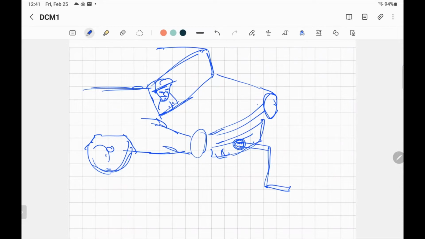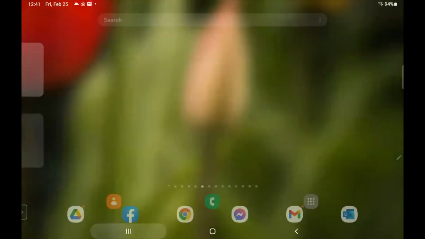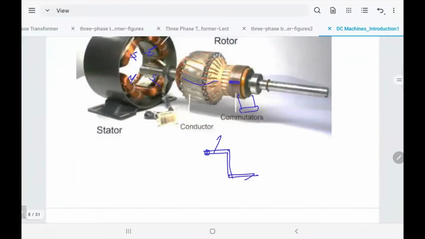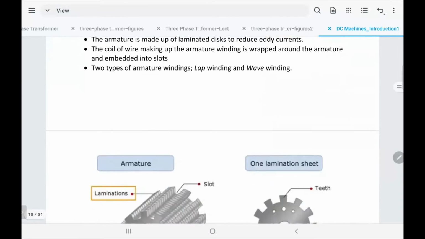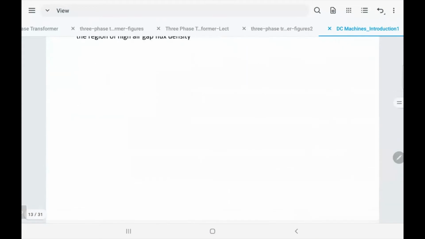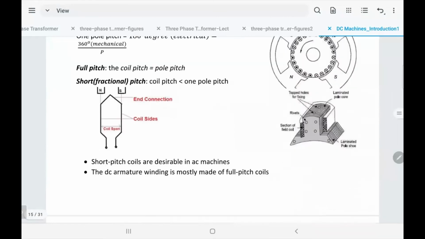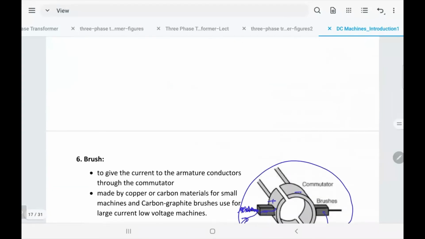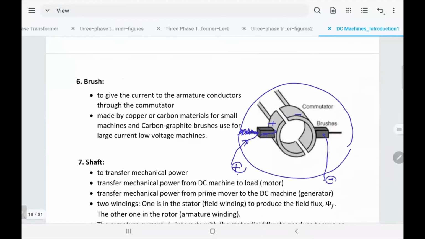The problem is that with these brushes, there are sparks. Let's go back to the commutator. See the brushes here in contact with the commutator, touching the rings.